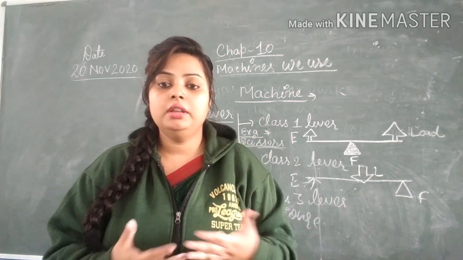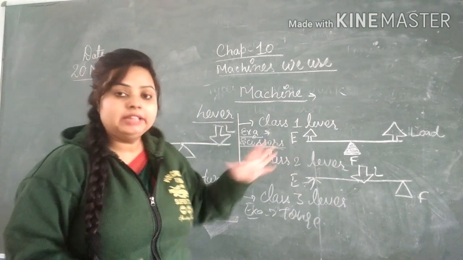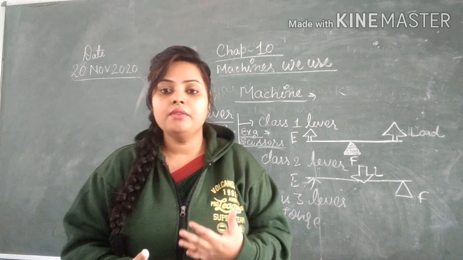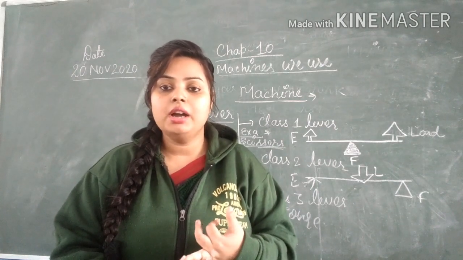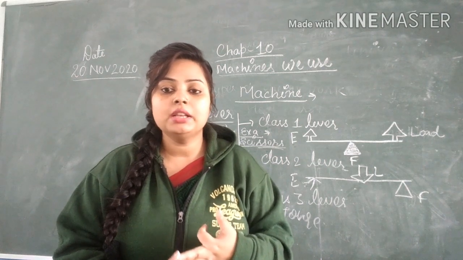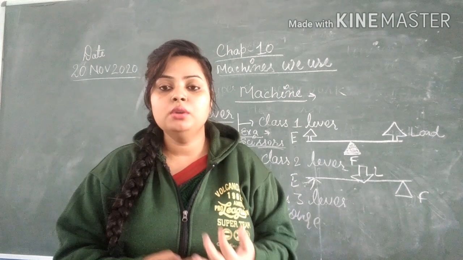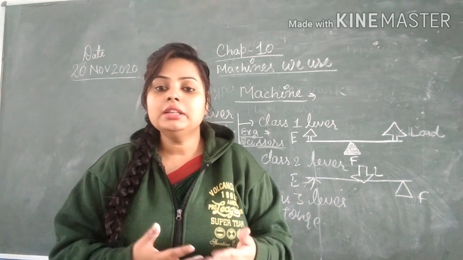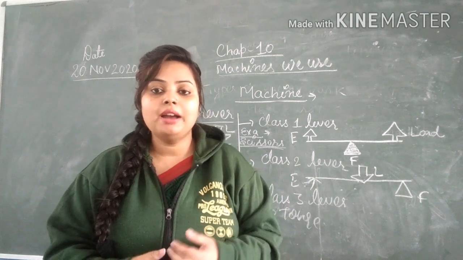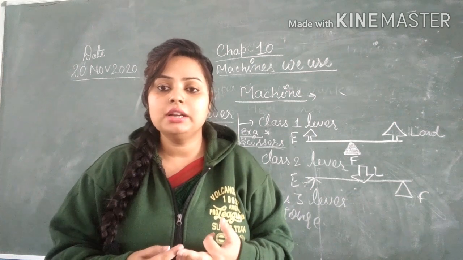Now in this video, I explained the lever. A lever has 3 terms: load, effort and fulcrum. According to the position of the load, fulcrum and the effort, it is divided into 3 parts: class 1st lever, class 2nd lever and class 3rd lever.